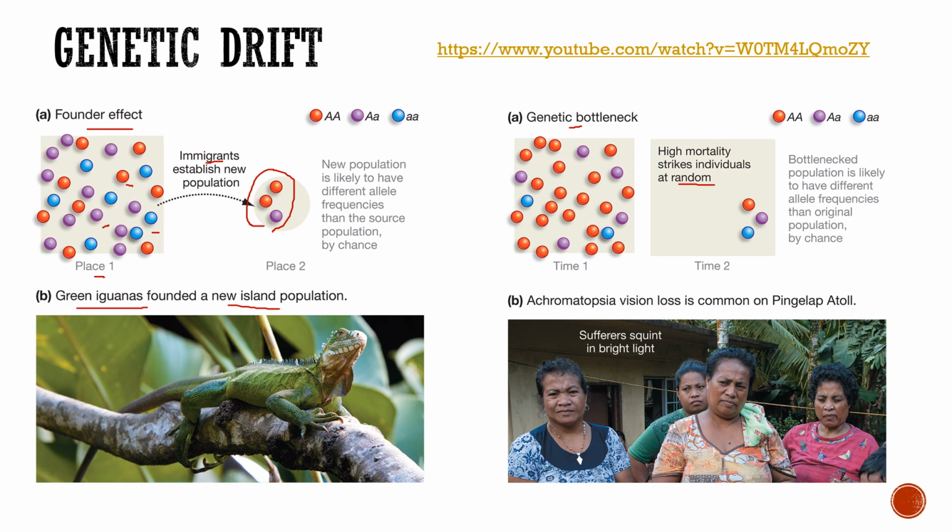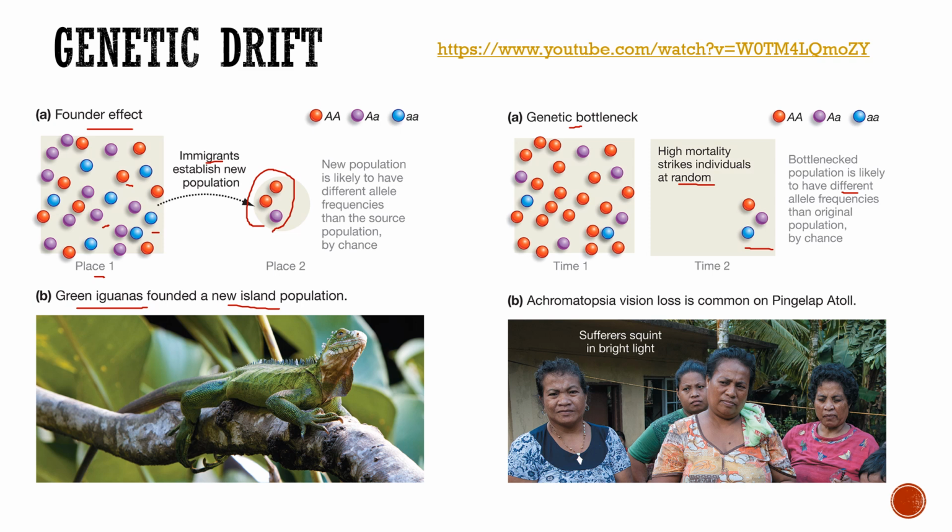Instead, an event such as a tsunami or a hurricane or a flood has struck a population, and it leads to this bottleneck where there's a high mortality that strikes individuals, but it's a random event. So again, we're changing our gene pool here. This bottleneck is likely to have different frequencies than what our original population has.